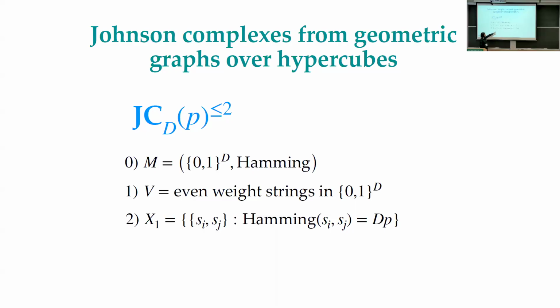All strings that are close to a specific string Si mostly have distance exactly d times p from the string. So it's just a simplification, and because of this simplification, we actually get some benefit in analysis, which we'll see later.